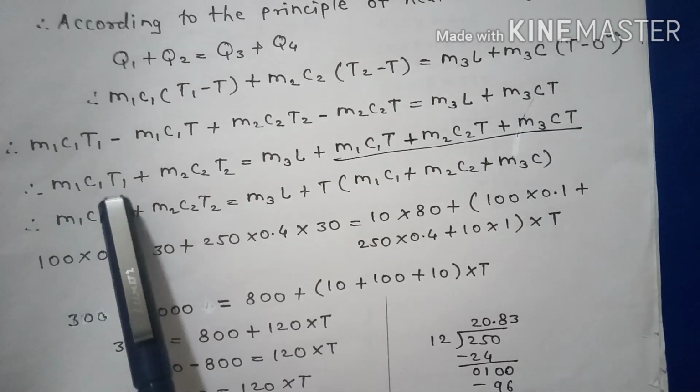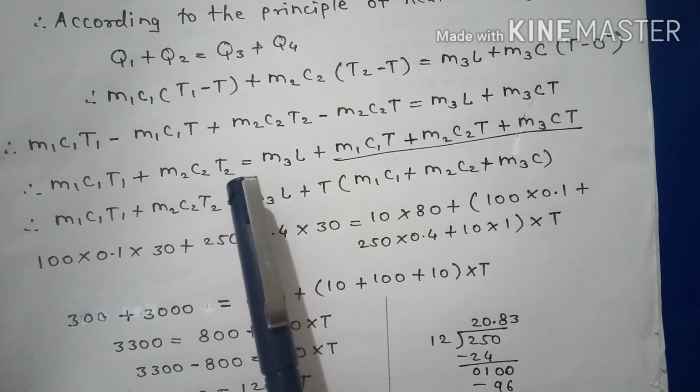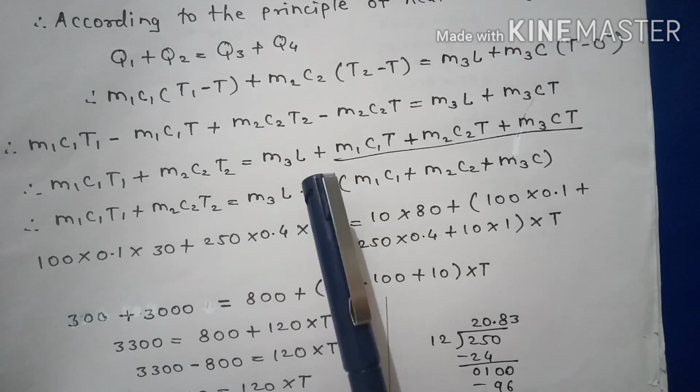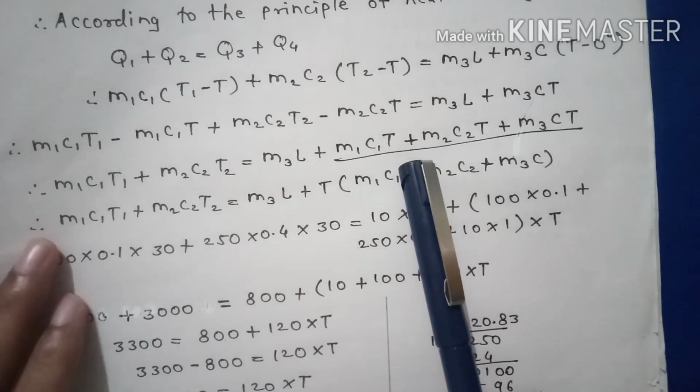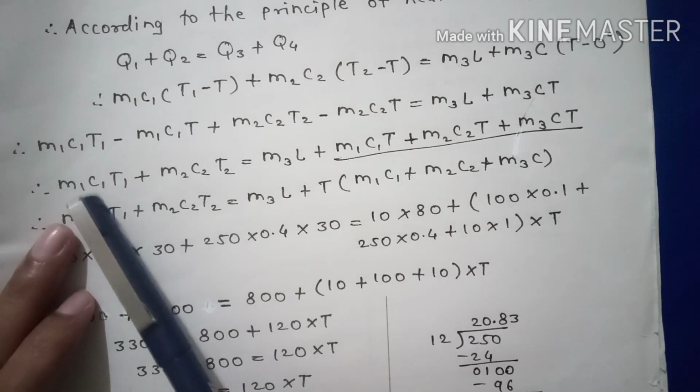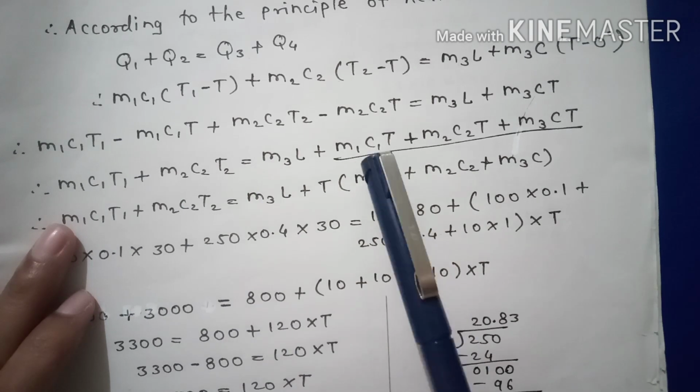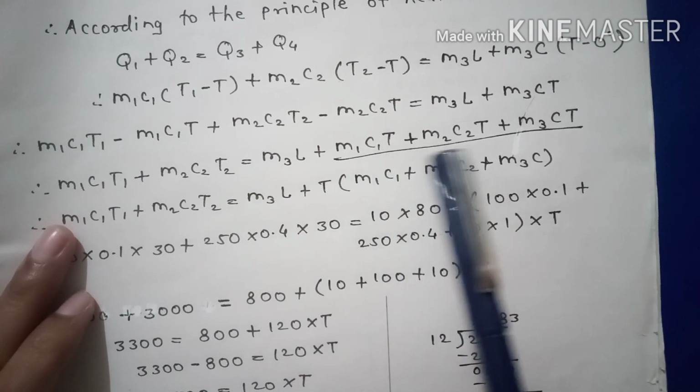Therefore, M1C1T1 plus M2C2T2 is equal to M3L plus M1C1T. Here we are taking the M1C1T1 and M1C1T terms to one side.